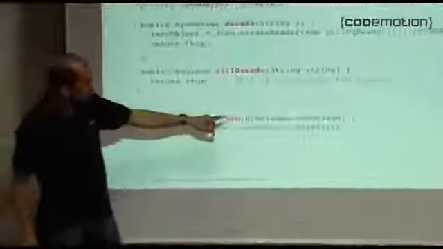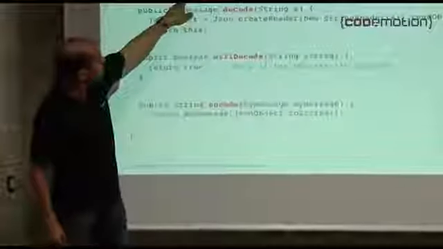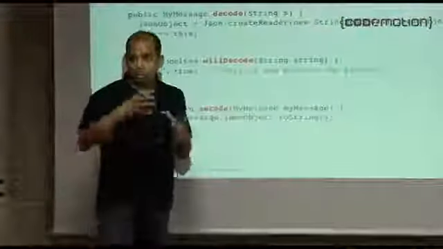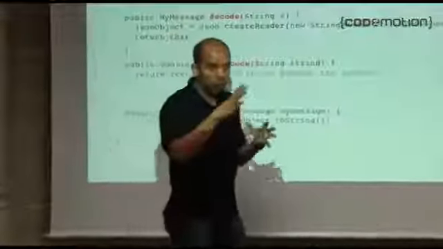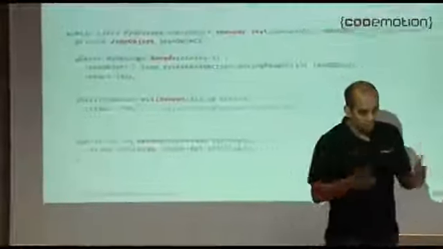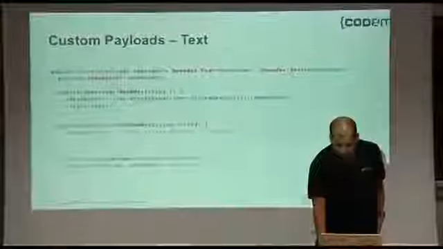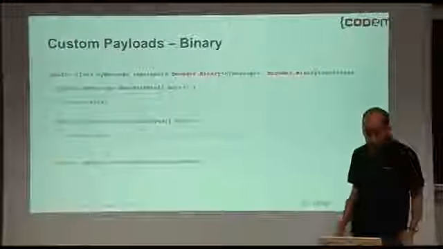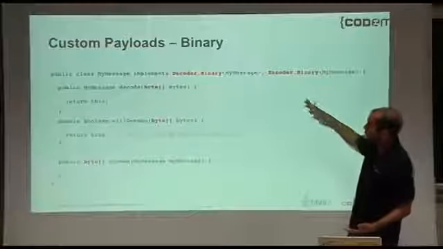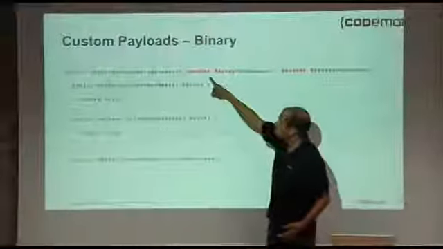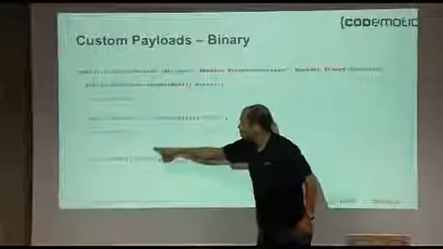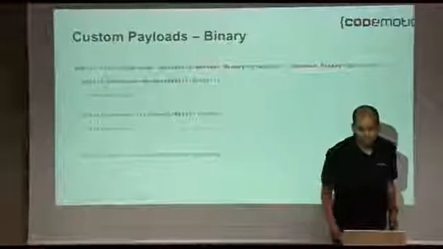Similarly, in encode, I take my message, which is basically my JSON object, and then I say, convert it into a string. So POJO to string, string to POJO. This is my string or text-based encoding and decoding. I could do the same for binary as well. And in that case, the interfaces are different. So Decoder.Binary, Encoder.Binary, and instead of string, I'm taking and returning byte arrays.